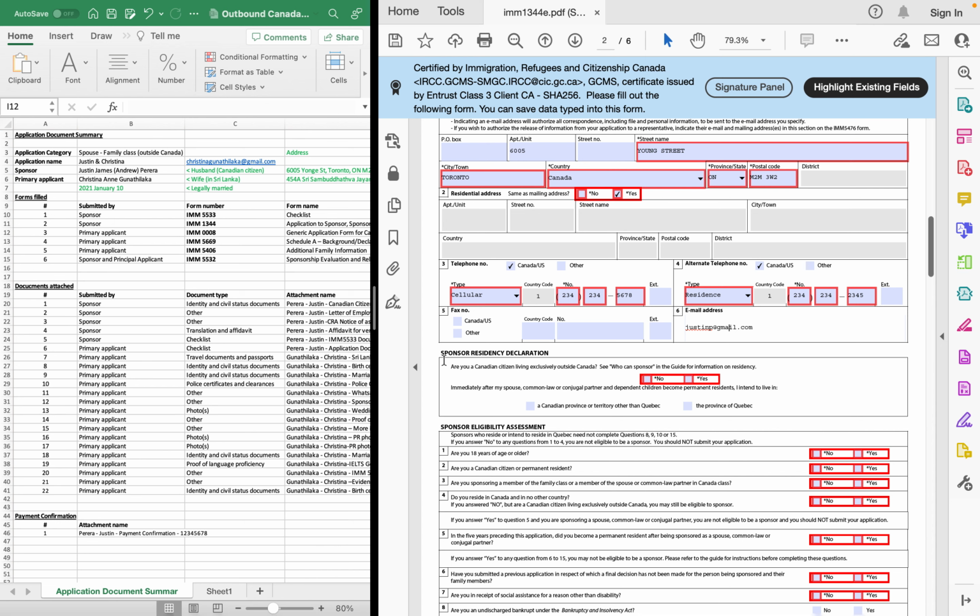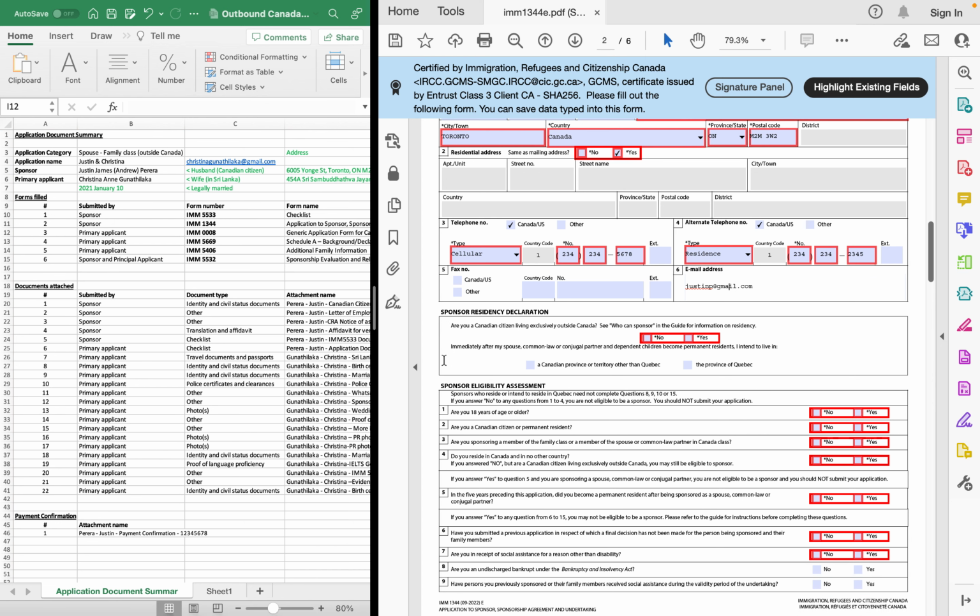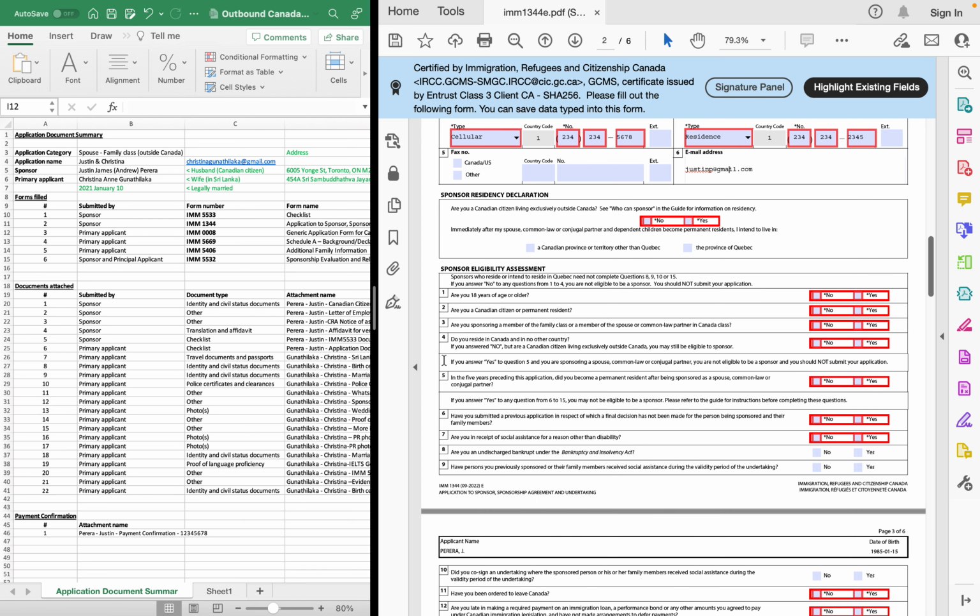Now we are going to shift into a different section. From this point onwards, it's mainly about ticking fields based on the condition you're fulfilling. Firstly, are you a Canadian citizen exclusively living outside Canada? See who can sponsor, the guide information, residency.